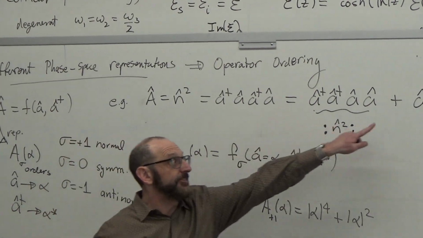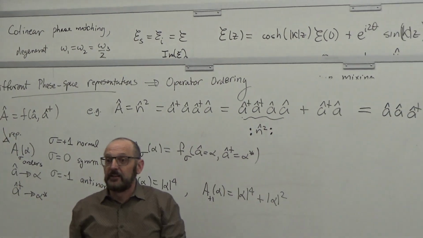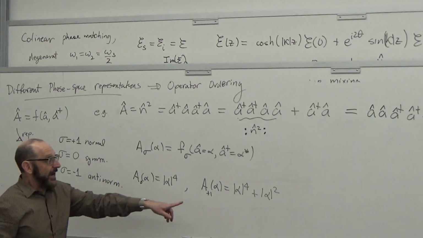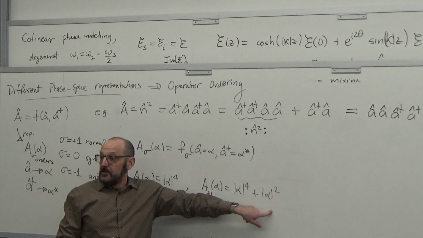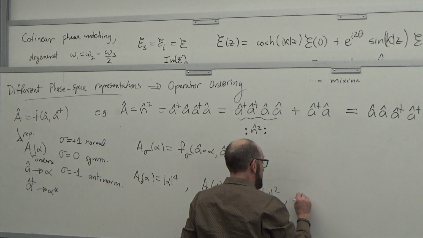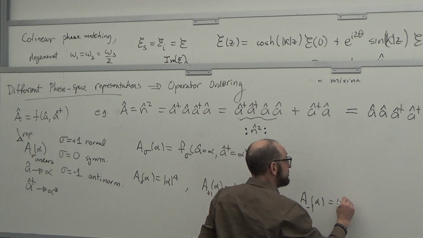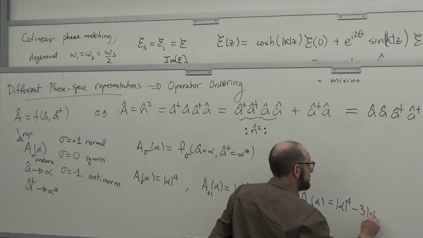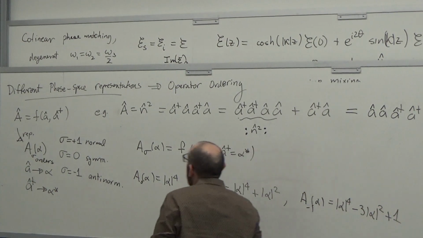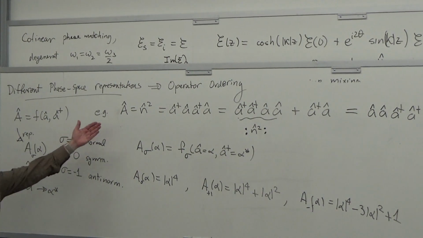So I took this function where everything was written in the normal order and I substituted it. The anti-normally ordered guy is this guy. These are three different functions of the variable alpha, but they represent three different representations of the same operator.